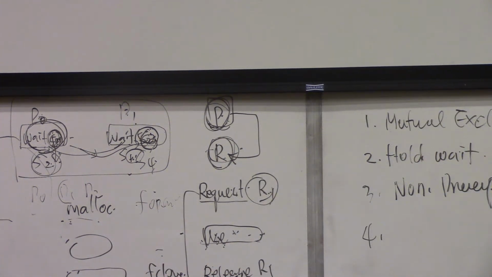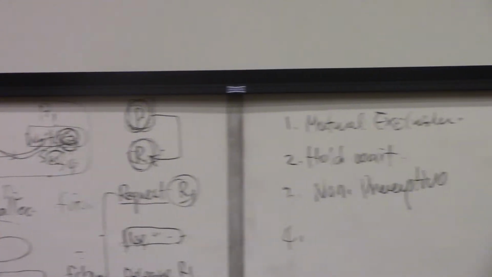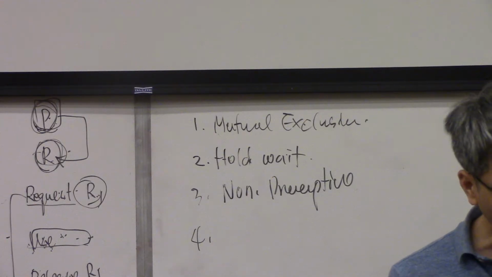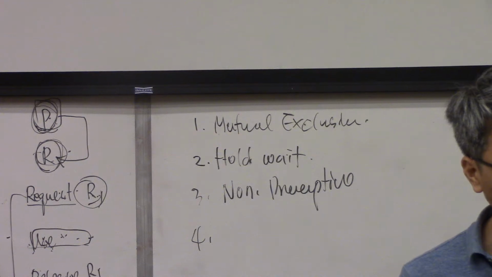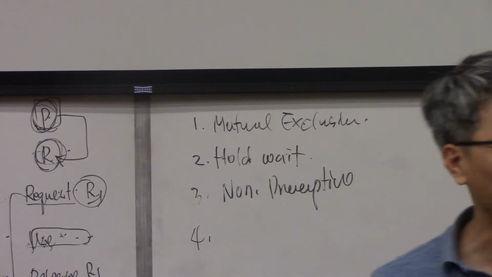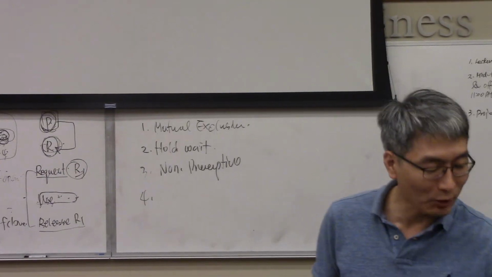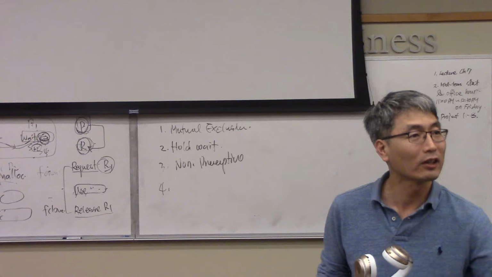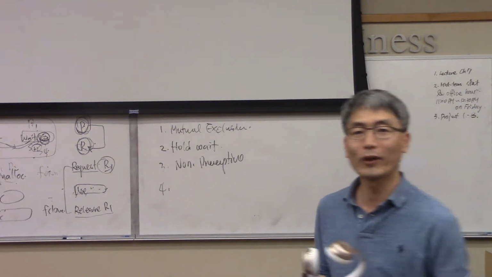For example, I'm holding, I forgot the name of this. This is not an earbud. Headphone. So I'm holding a headphone, but he's holding his headphone and requesting the laptop. I'm requesting the camera.